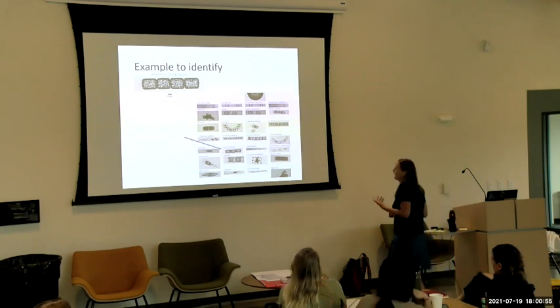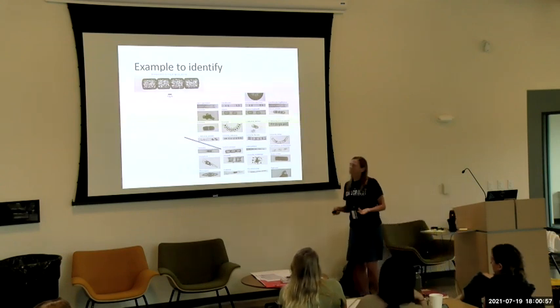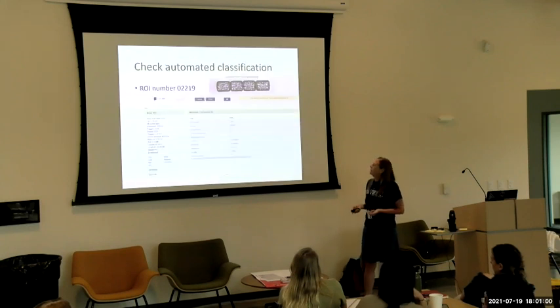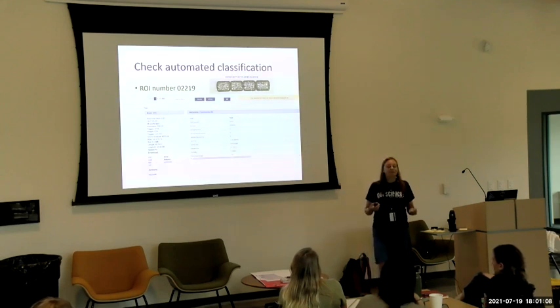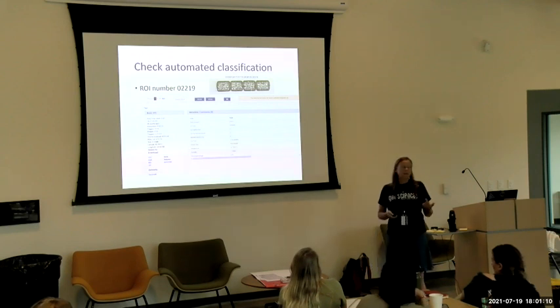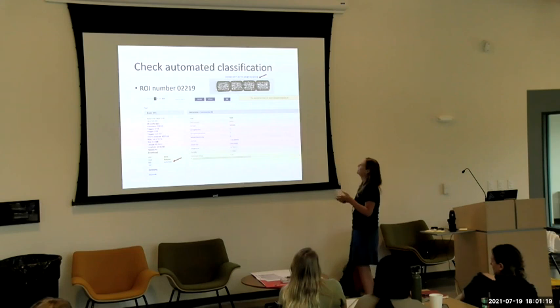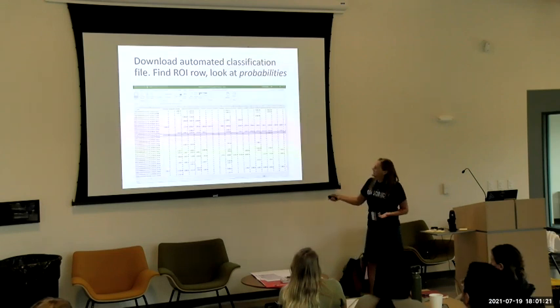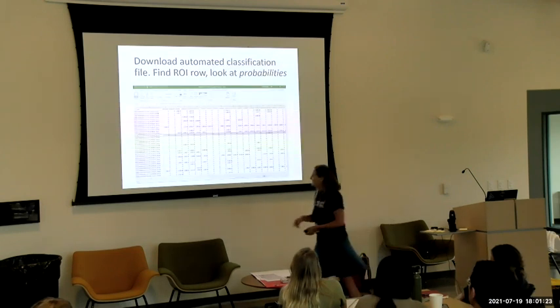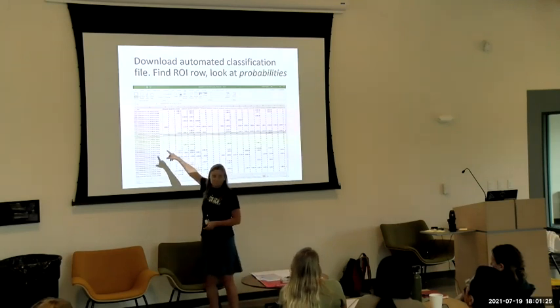So in fact, I would have guessed it was Lauderia also, but then I can check, because if I go back to the dashboard and scroll down, there's this little thing called Autoclass, which means that they've run it through the classifier. If you click on it, you get a spreadsheet with all 3,000 images. So we go there, and it looks like this. Then you search for image 2219.